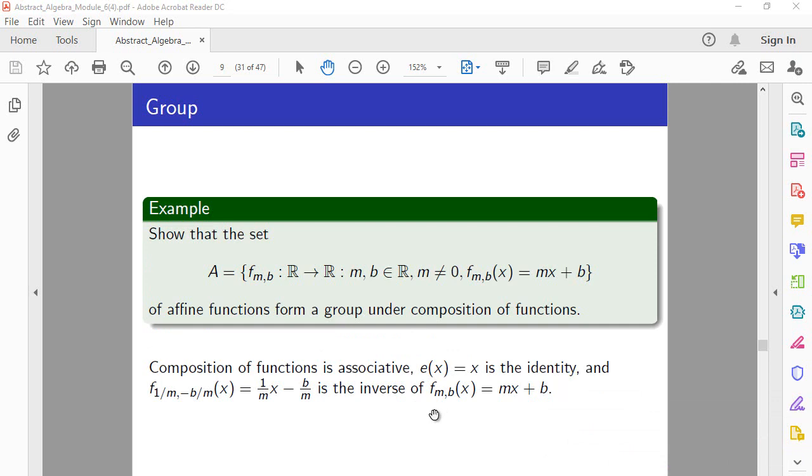Okay, so here's an example. Here I'm taking A to be the collection of all functions f_{m,b} from R to R, where m and b are real numbers, m is not zero, and f_{m,b}(x) is mx plus b. These functions are called affine functions, and they are actually the linear polynomials.